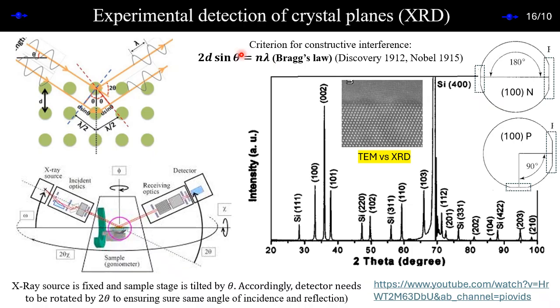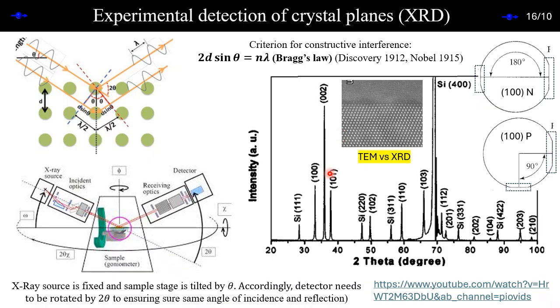From that you can know which plane you are probing, because if you have a different plane, the path changes, and the interference intensity will occur at a different position. If you do this for all the planes, then you know for which plane where it appears.